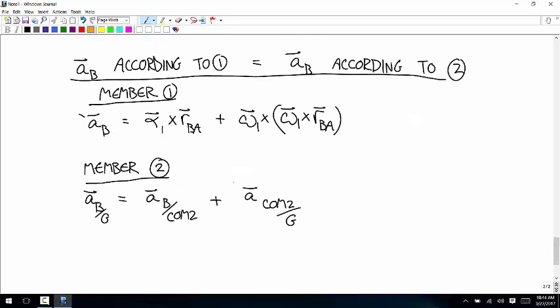And this is 0 because B is the center of mass of 2. So the acceleration of B according to member 2 is just equal to A2. And so set this expression equal to A2, and that's your first two constraint equations.